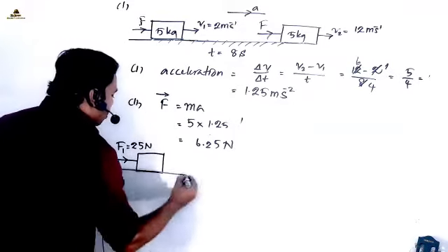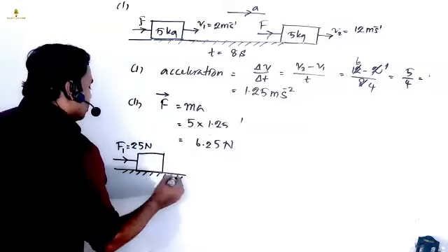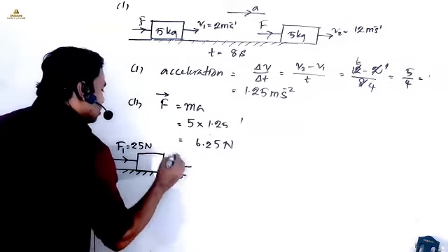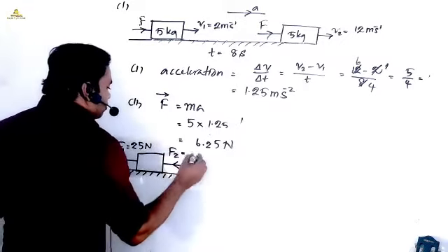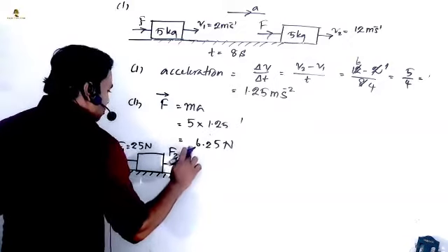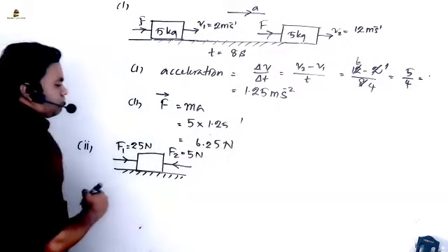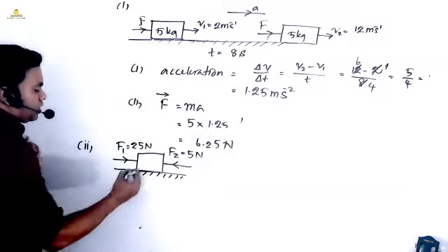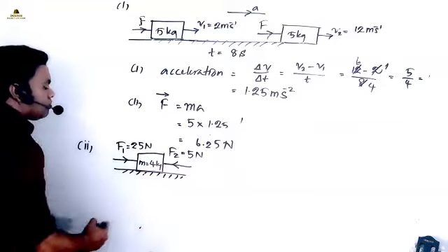And there's an opposite force exerted on this object. That's F2, so that equals 5 newtons. Okay, so that's towards the opposite direction. Mass of this object is 4 kilograms.